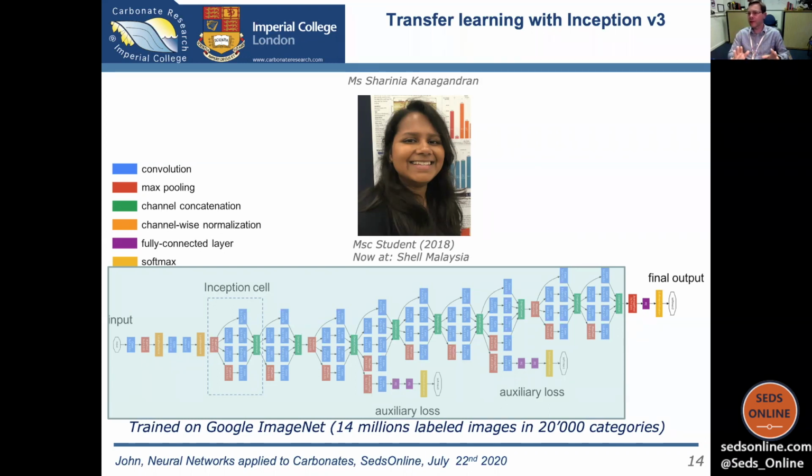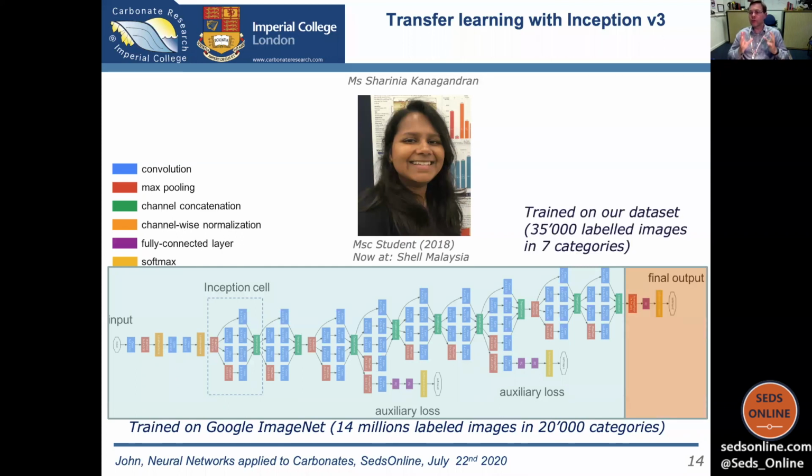There is no way any of us will ever get to that size of a data set. Okay, so that's enormous. So all we had to do was to train the final output, train the classifier, and Sharinya did that in 7 categories from the Dunham classification using just 35,000 labeled images. That sounds like a lot, but for a neural network, it's not a lot.